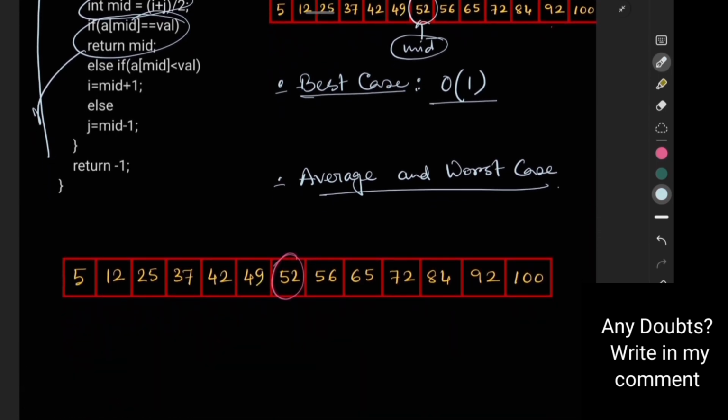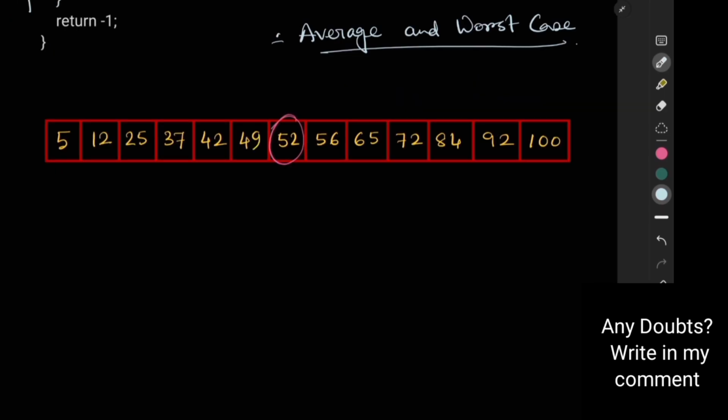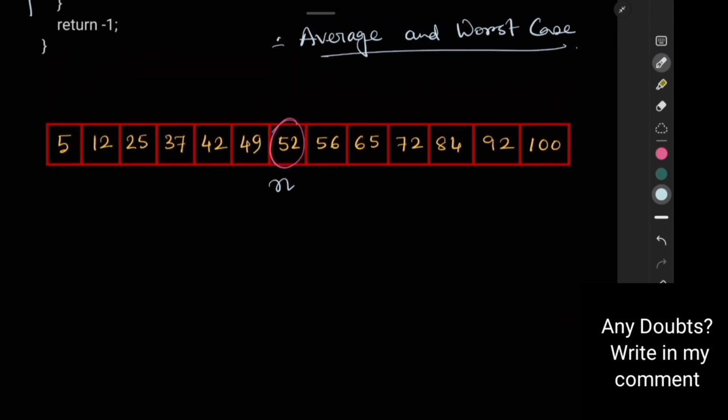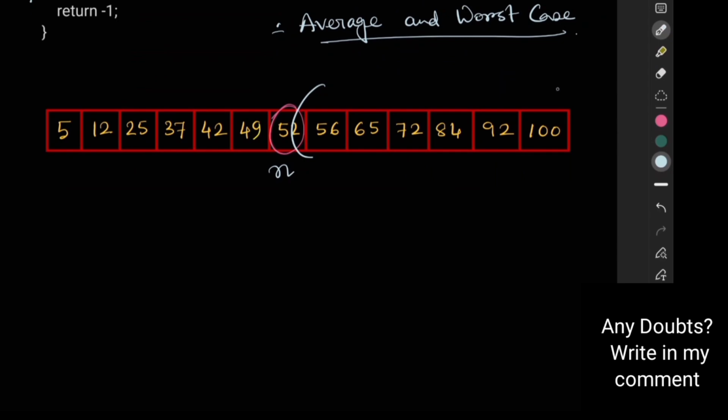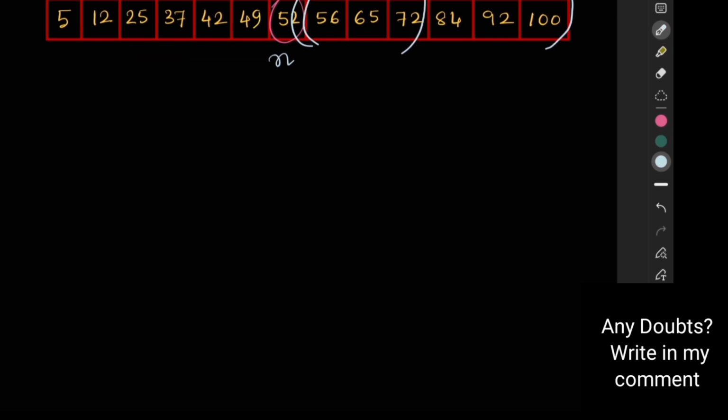Okay. So now let's come to the average and worst case scenario. Average and worst case scenario means the value can be found at any index. So if there is a total of n elements, here we can see we have to divide the array into two halves, then two halves, like that manner. So at first, if the number of elements is n, it will be cut into n by 2 in the next iteration, then n by 4.